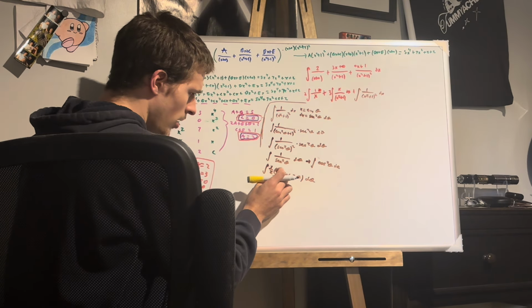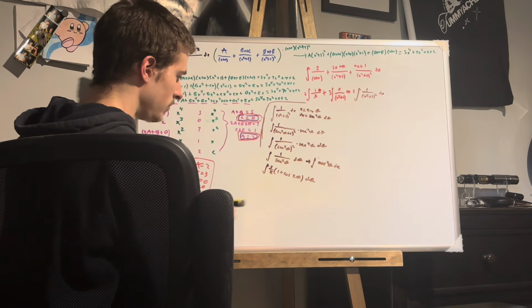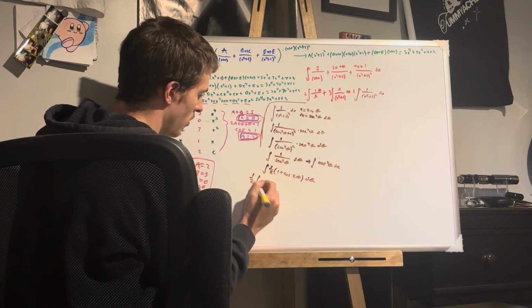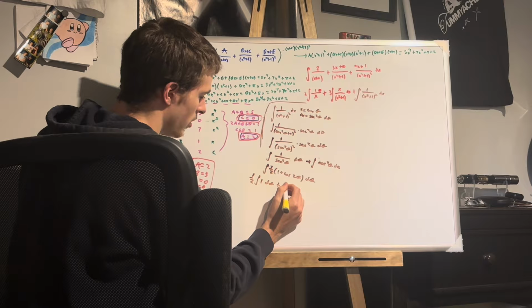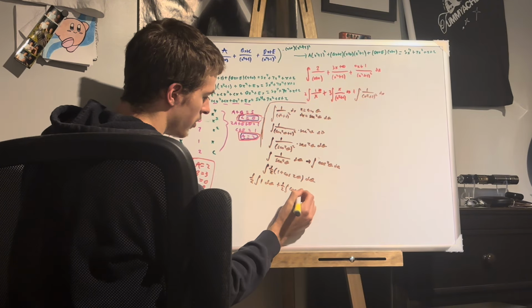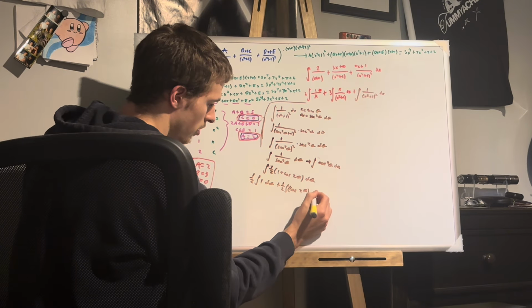Now this 1/2 is going to distribute, and so we're going to have 1/2 of 1 d theta plus 1/2 of cosine 2 theta d theta.